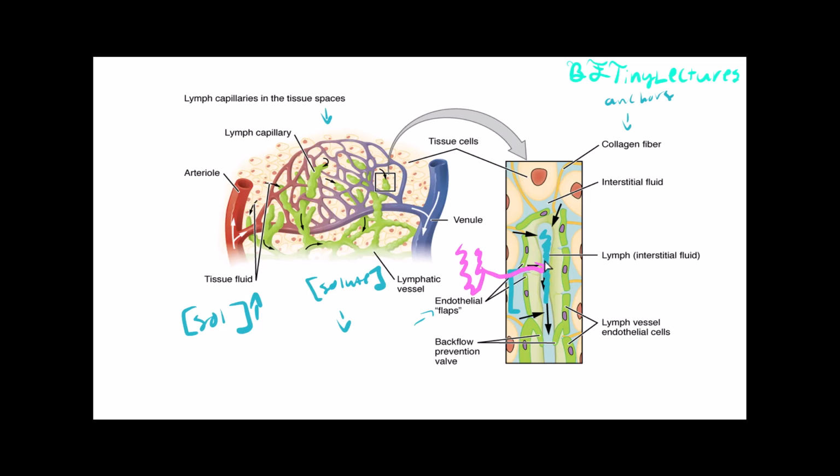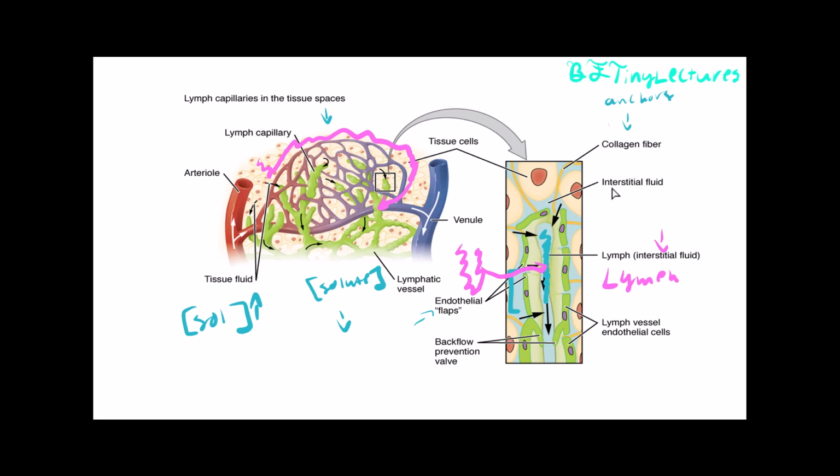When the fluid from the interstitial space enters the lymphatic vessel, that becomes lymph. So lymph is just interstitial fluid. This fluid that may be here is going to go inside the lymphatic system, and this interstitial fluid is called lymph.